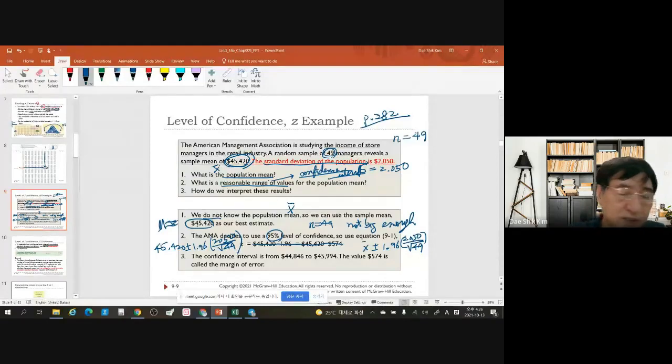We need to calculate this one. Our textbook, page 283, says 45,120 plus minus 574.